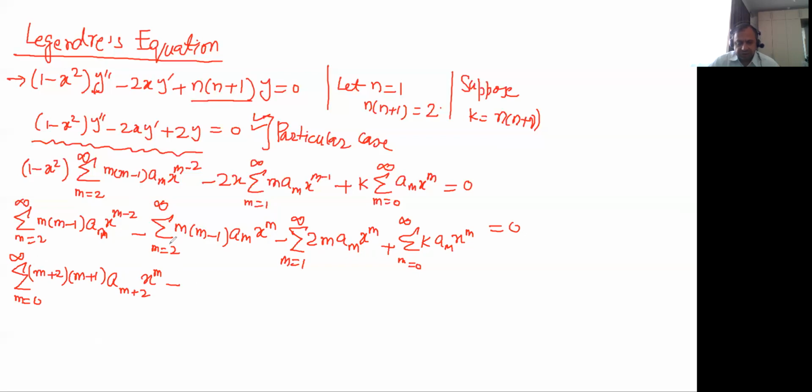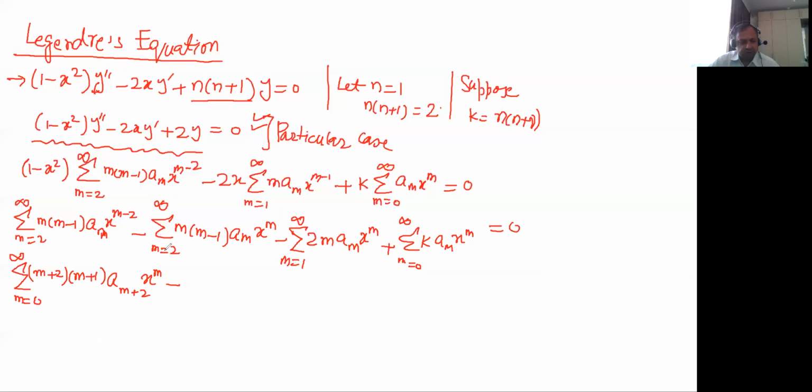And now in these terms, all the x power m are the same, but the index is different over here, right? The index starts from m equals 2.